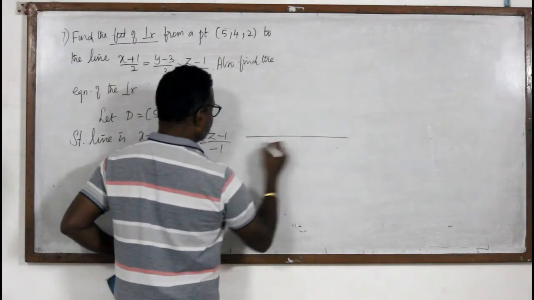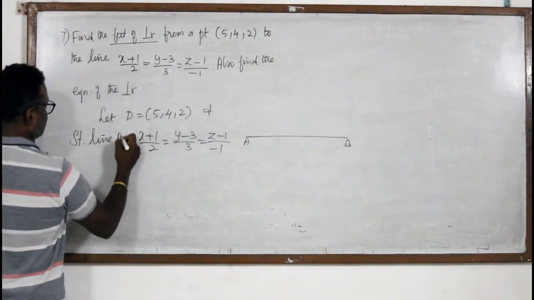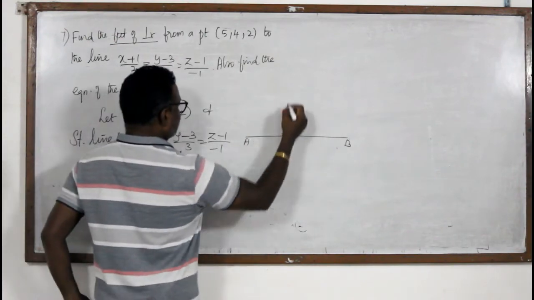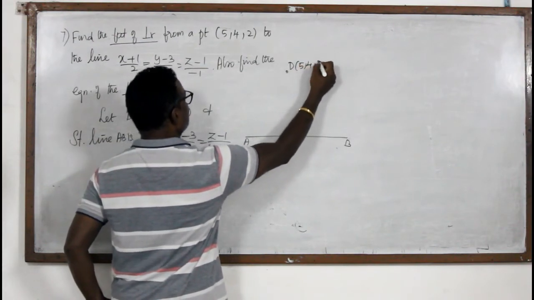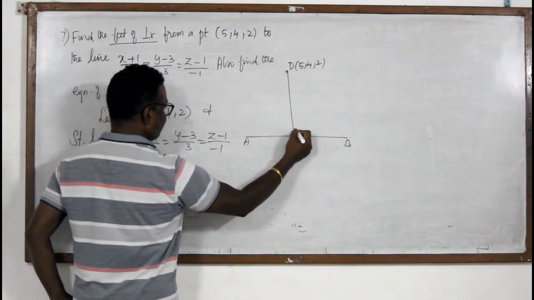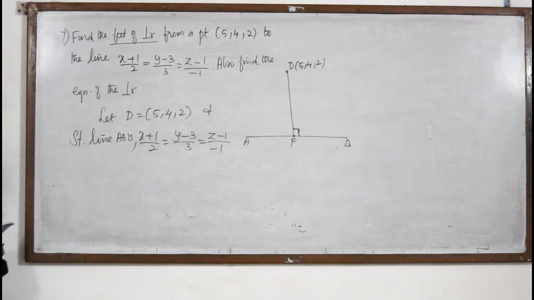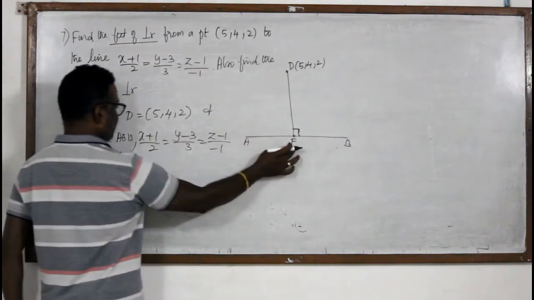So this is the straight line AB. Then D is somewhere here, at 5, 4, 2. So I need a perpendicular. This F is the foot of the perpendicular. So let me find this point F. That is our ultimate goal.